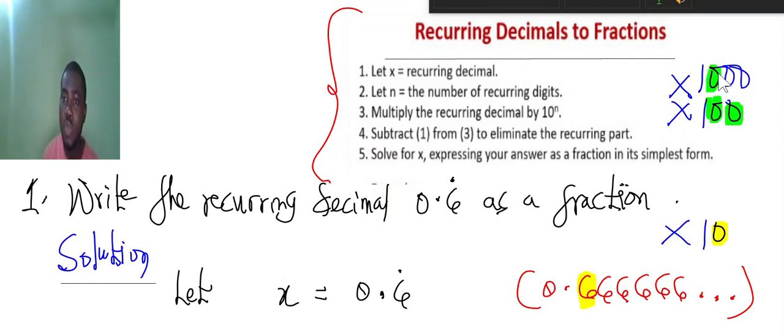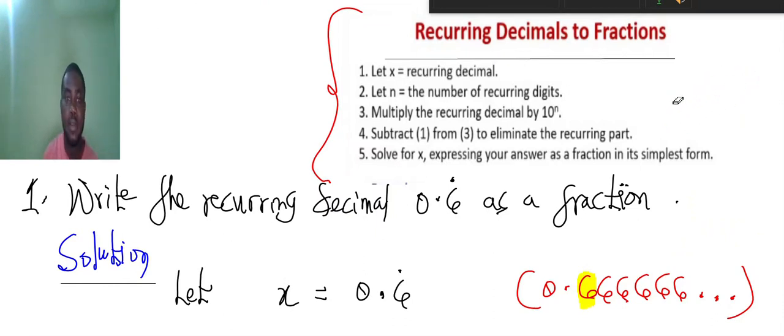Three recurring digits, multiply by 1000, that's three zeros. I'm actually in step 3 anyway, but I'm explaining the steps in the easiest way. Here, because we have just one recurring digit, we're going to multiply by 10.